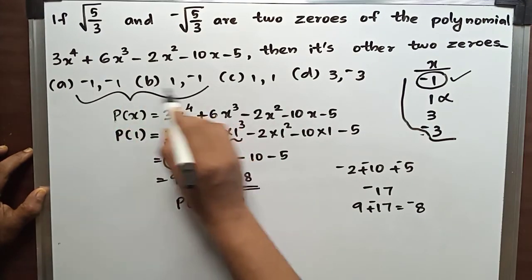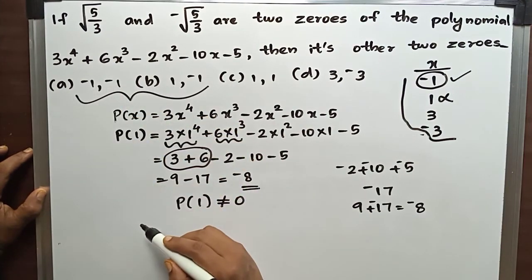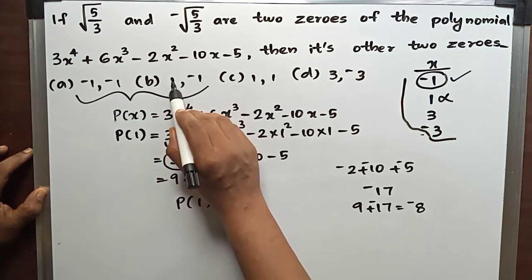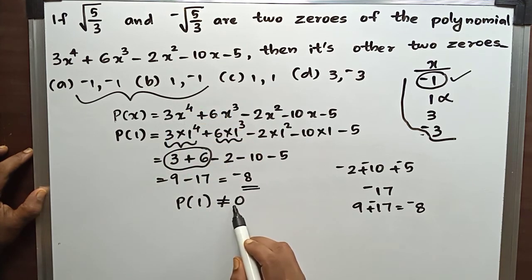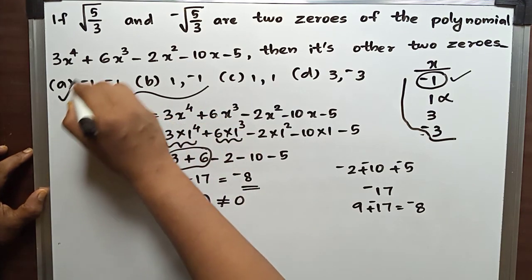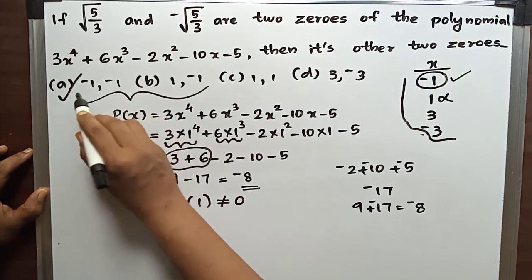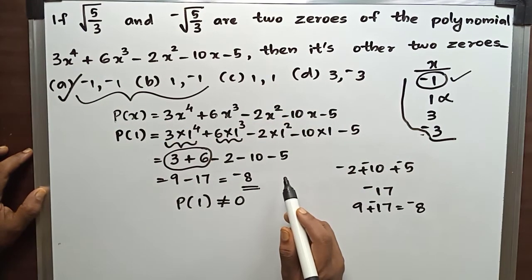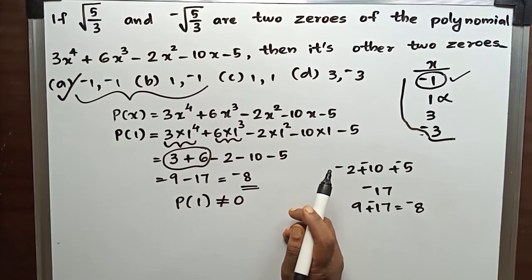So we have to select any one from these because minus 1 should be there in the answer. But 1 is coming here, and 1 is not a zero of the polynomial. So which is the right answer? First option A. That is minus 1 and minus 1 are the other two zeros of the polynomial.